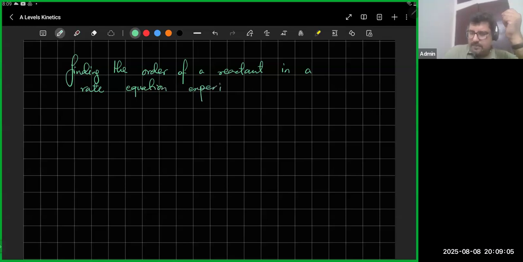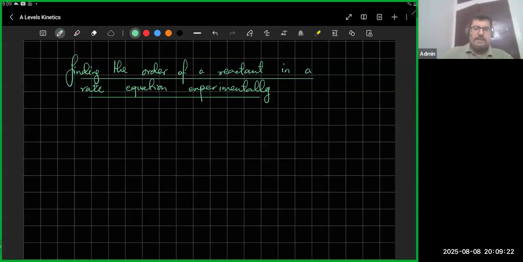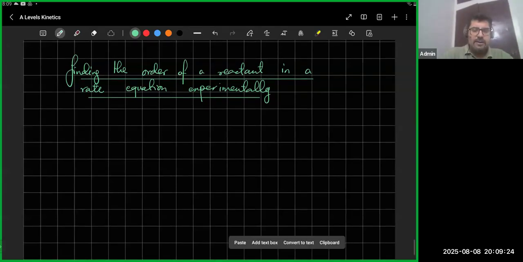Okay, so this time we will deal with it experimentally. The graphs हो गया था. The mechanism was given to us. Now we're going to talk about how to figure this out experimentally.